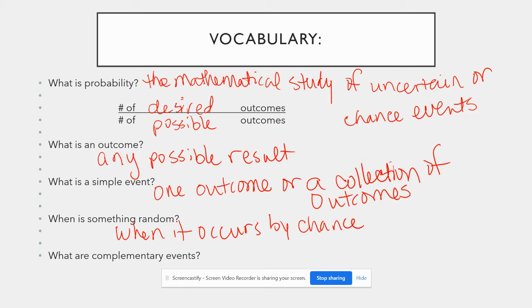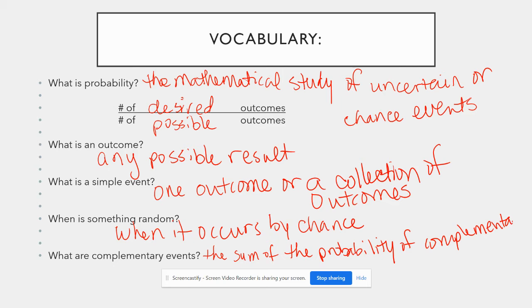And last but not least, for this part, complementary events is when the sum of the probability is 100% or one whole.